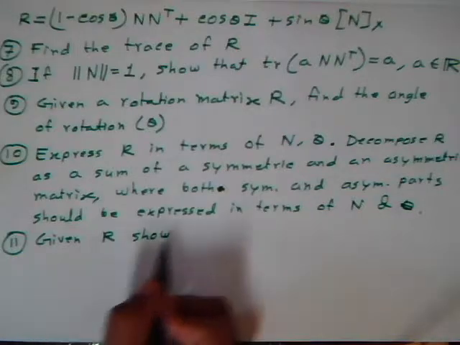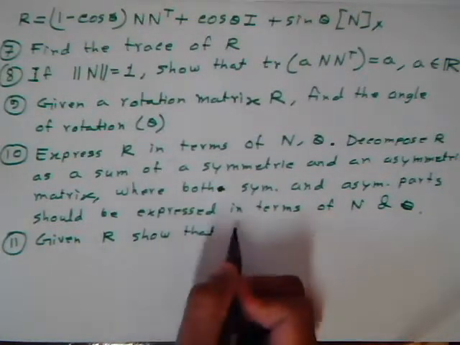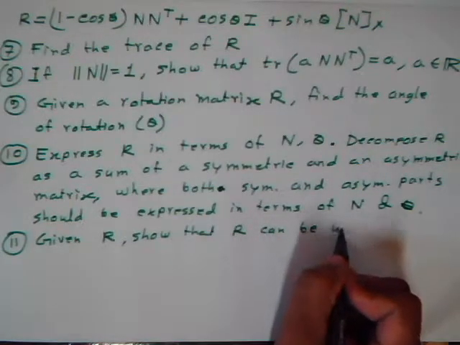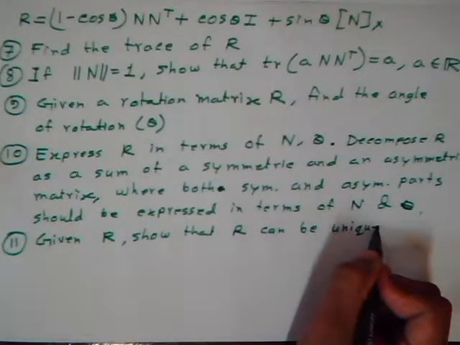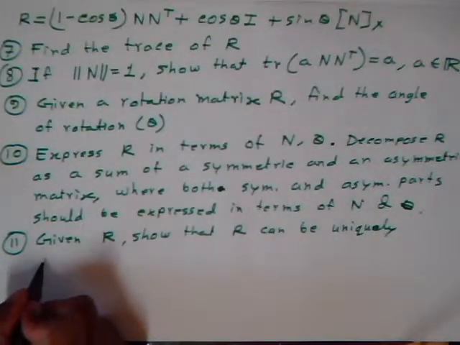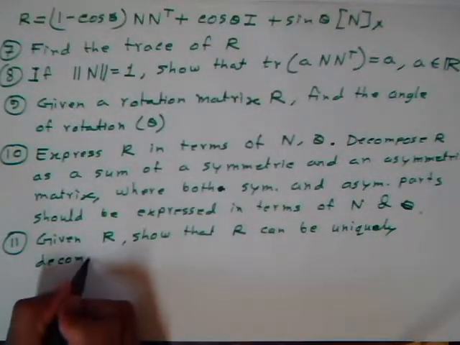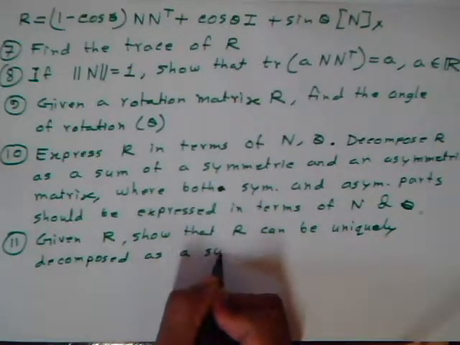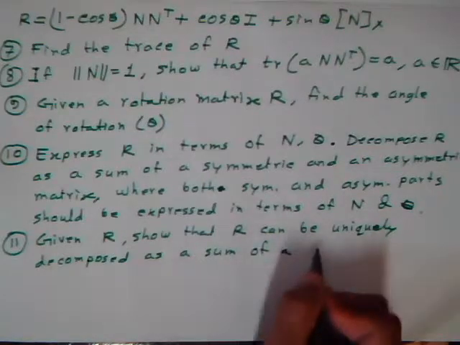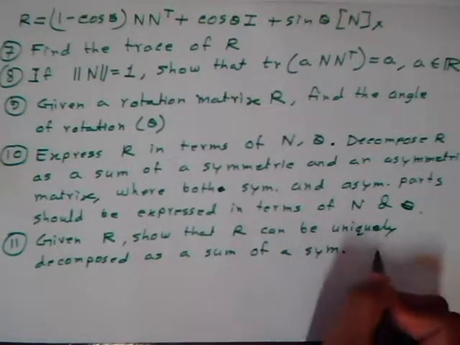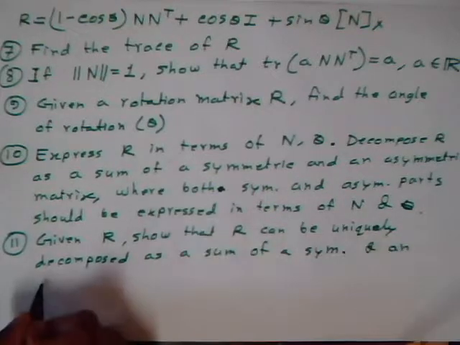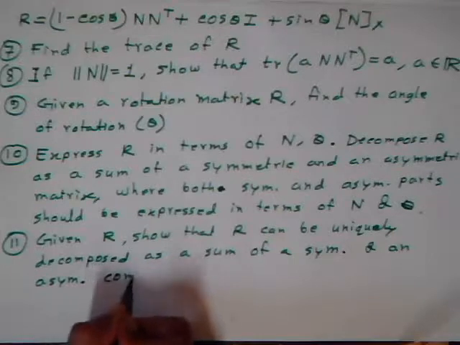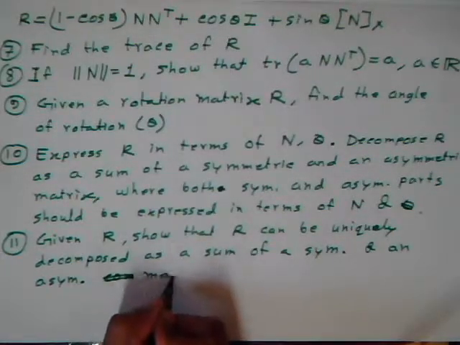Given any matrix R, show that R can be uniquely decomposed as a sum of a symmetric and an asymmetric component or asymmetric matrices.